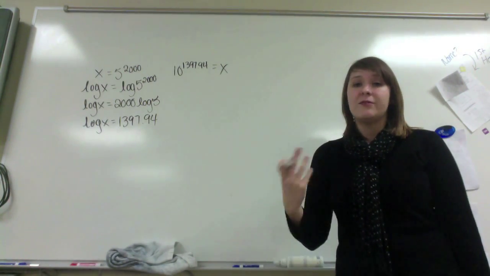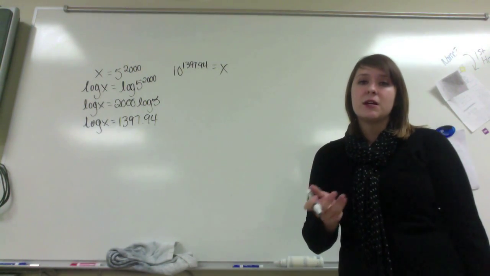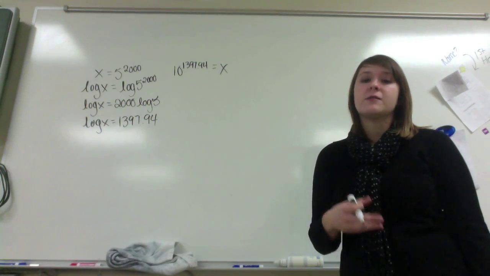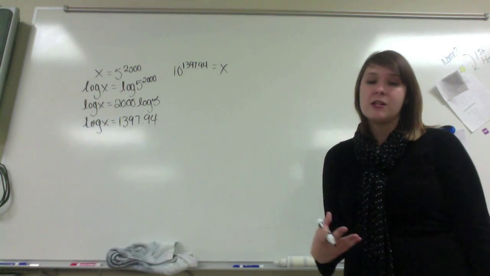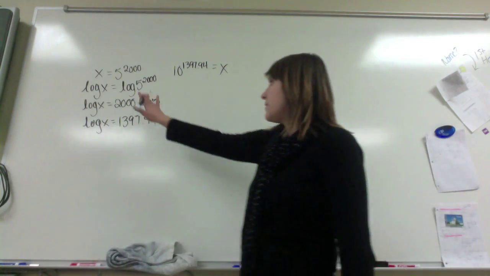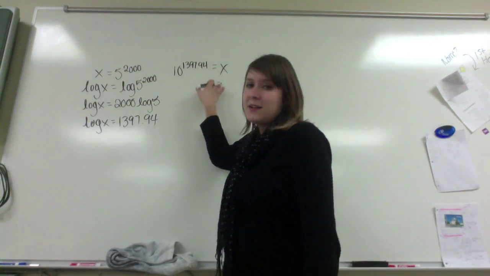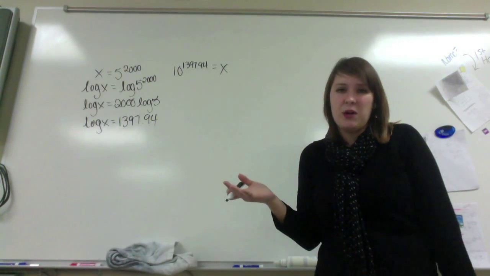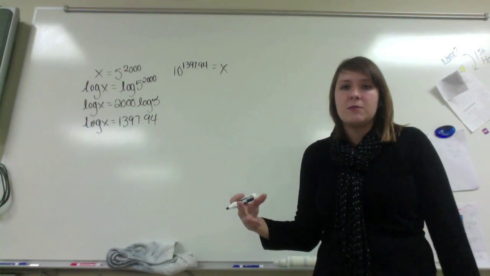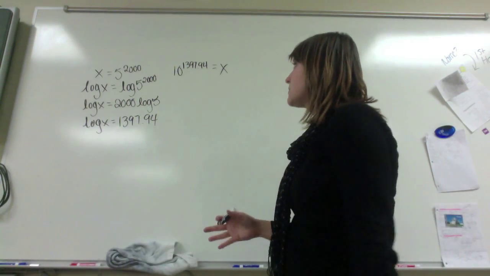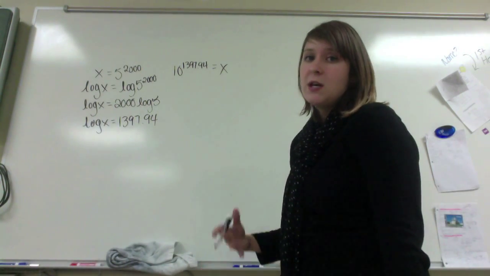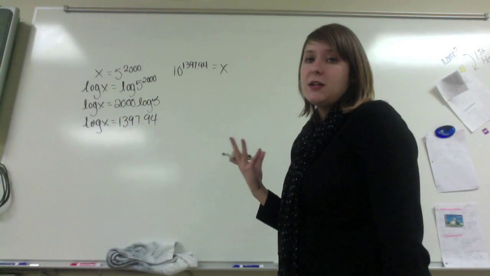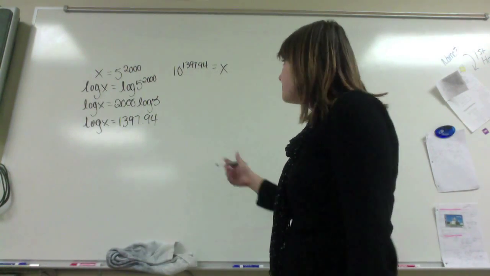Now, again, if you try to plug that into your calculator, it's going to give you an overflow error. So we're not done yet. We haven't finished estimating this. We've just figured out a different way to rewrite x, which isn't good enough because it still doesn't tell me what this number looks like. So I'm going to start using my logarithm rules to make it into something I'm familiar with.